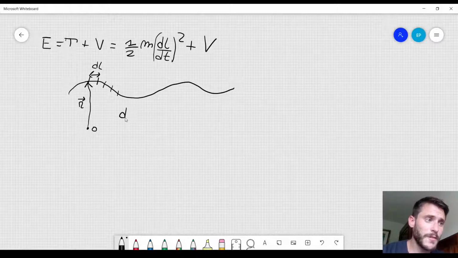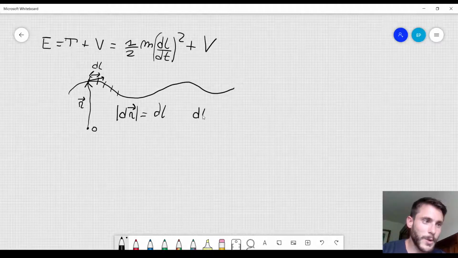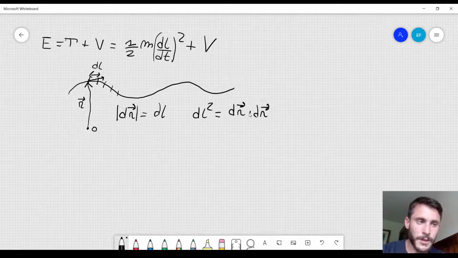And therefore the differential dr is the vector that's tangent to the curve, and its magnitude is equal to dl. So dl squared can also be thought of as the dot product of dr with itself, dr dot dr.